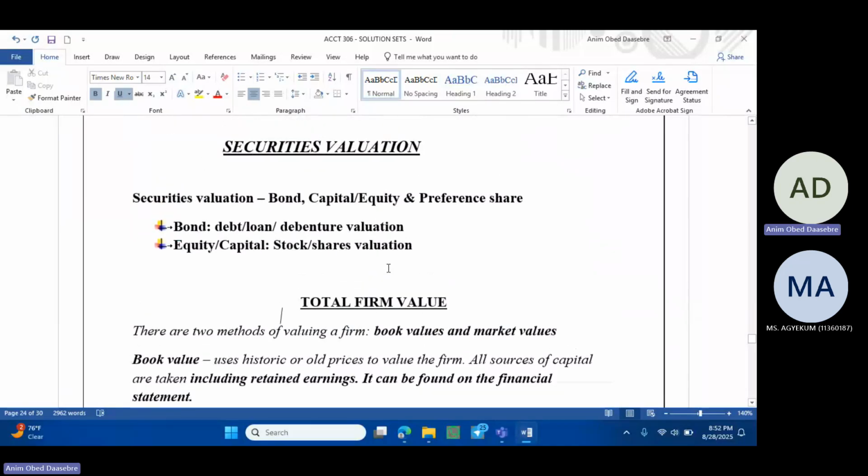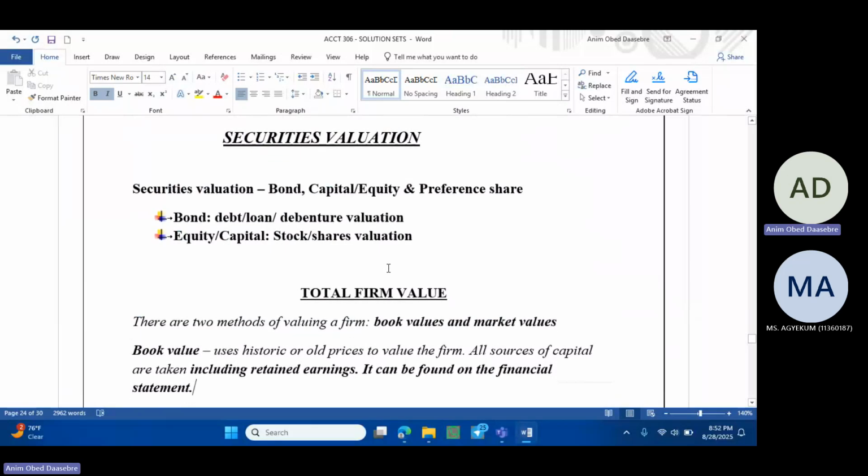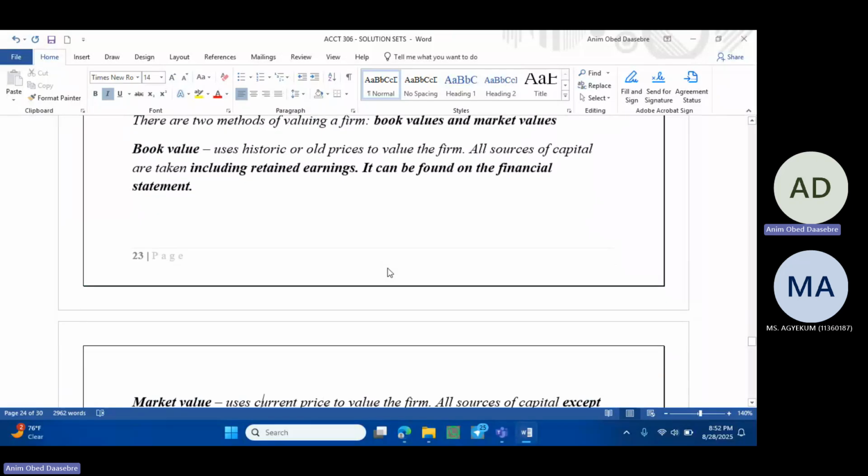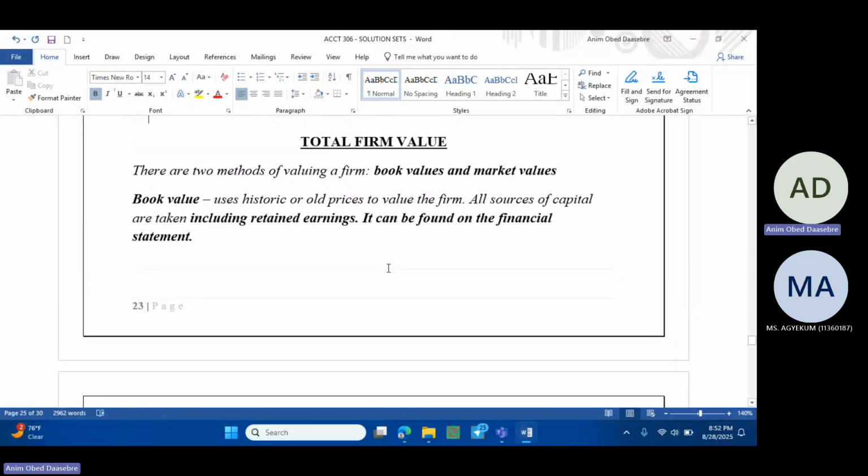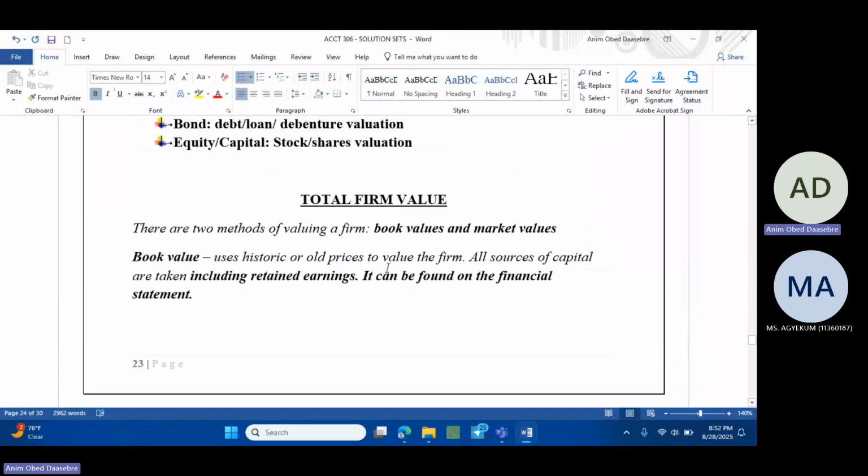In calculating the total value of a firm, we have two methods of valuing a firm: the book value and the market value. And what is the book value, or how do you find the book value? Usually, book value is an accounting concept. So it uses the historic data from the business financial statement.